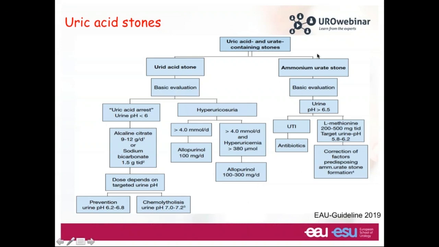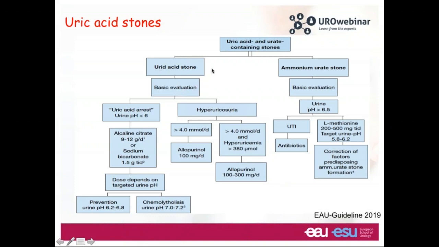If your patient has an ammonium urate stone, after the basic evaluation, you measure the urine pH; if it is more than 6.5 and there is a urinary tract infection, you give antibiotics. Or you may have to acidify the urine with L-methionine. And of course, as I said, correct the factors predisposing to ammonium urate formation.